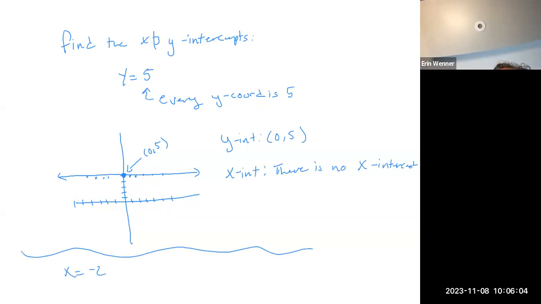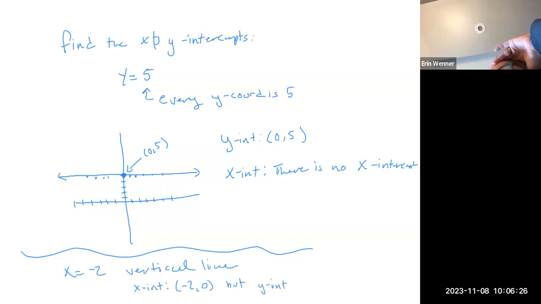Well, in that situation, that is a vertical line, and every x coordinate is -2. So in that situation, we would have an x-intercept of -2, 0. But for the y-intercept, we would say there is no y-intercept.